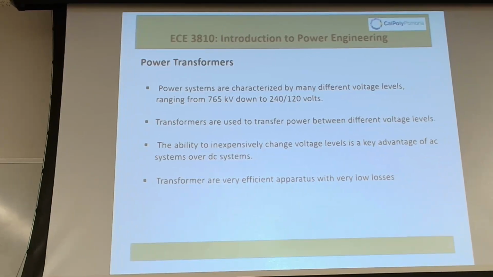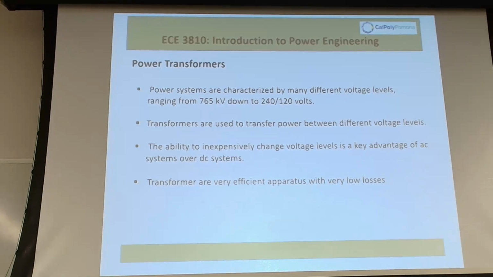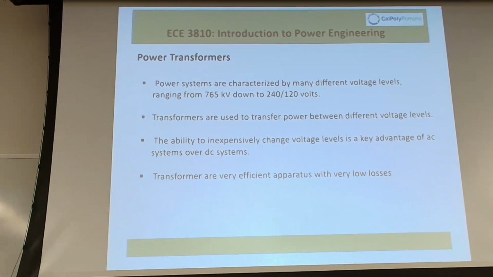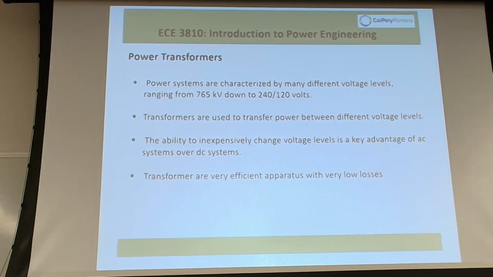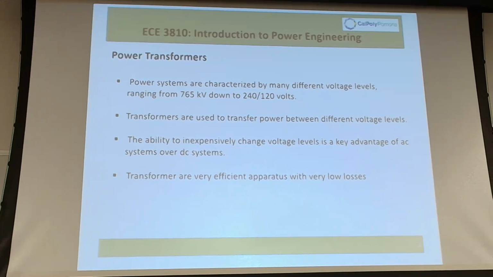Because these are passive devices, meaning there are no moving parts, the only thing you can do is step voltage up and down, but you cannot regulate frequency. You cannot control power factor. There's nothing you can do. It's what we call a passive device.